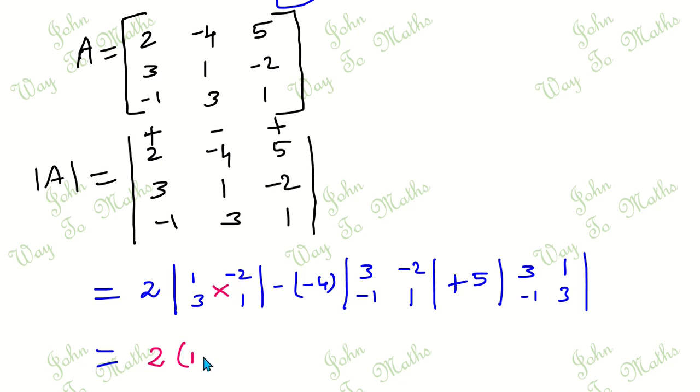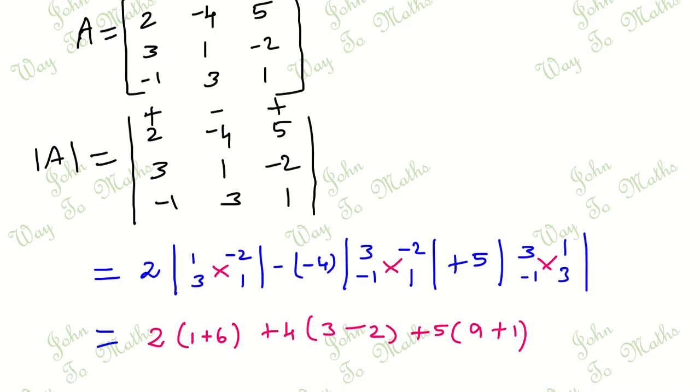So 1 ones are 1 minus 3 twos are 6 becomes minus 6. Here comes plus 6. Minus into minus becomes plus 4. Then first diagonal minus second diagonal becomes 3 minus positive 1 twos are 2. Here plus 5 of first diagonal minus second diagonal: 3 threes are 9 minus minus 1 becomes plus 1.